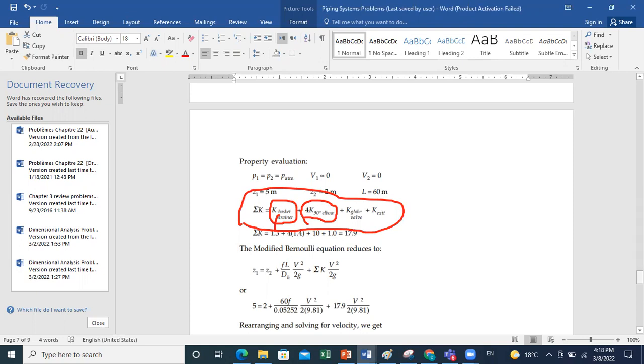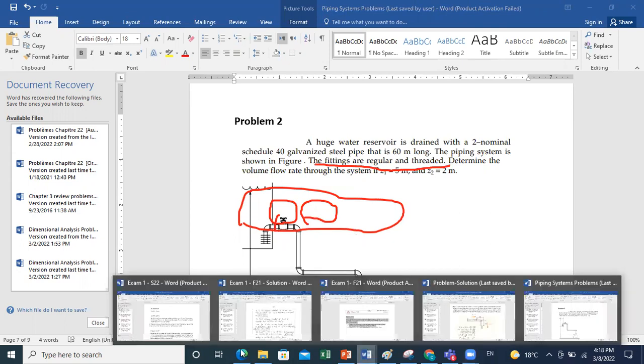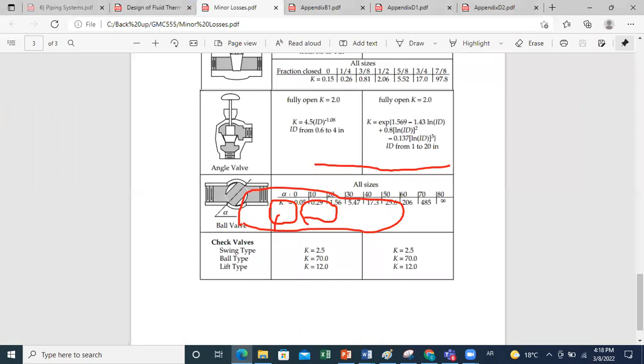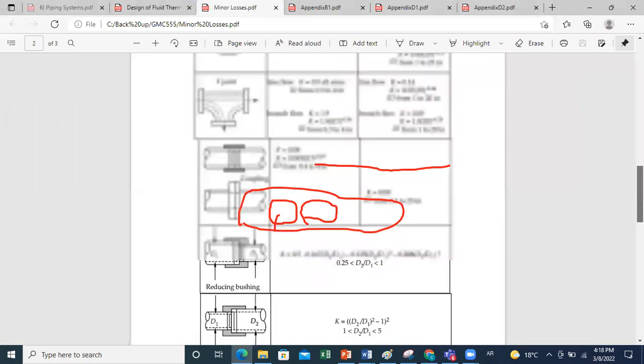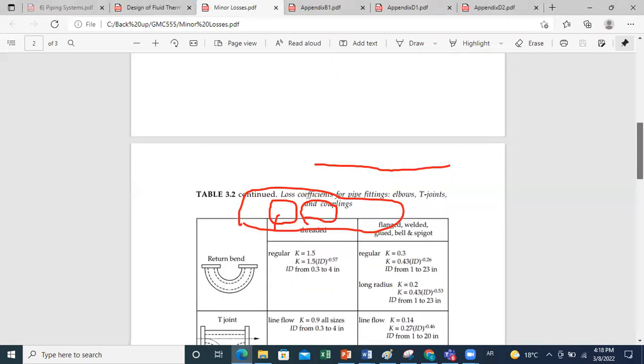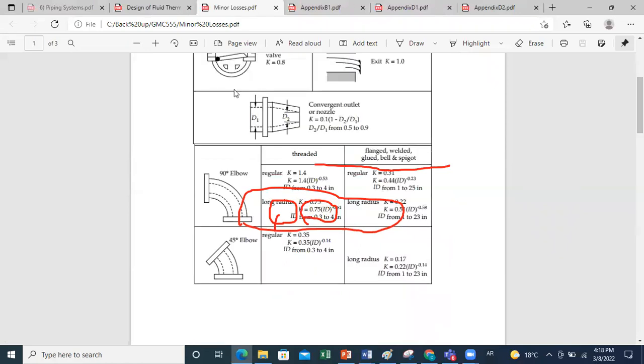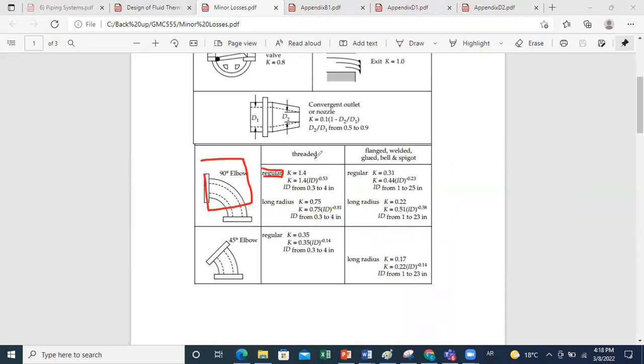So if you go back to the given, they mentioned that the fittings are regular and threaded. So if you go to your minor losses sheet again, and when you go to elbows, you should check for regular elbow and threaded ones. So first I select 90 degrees. This is regular, this is threaded. So I select K 1.4.